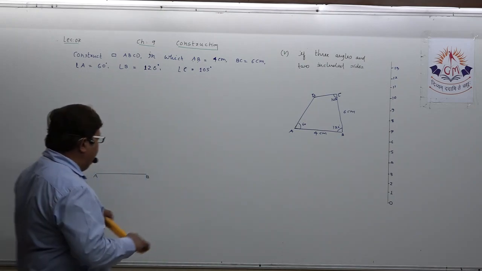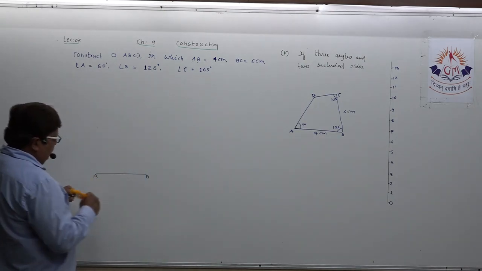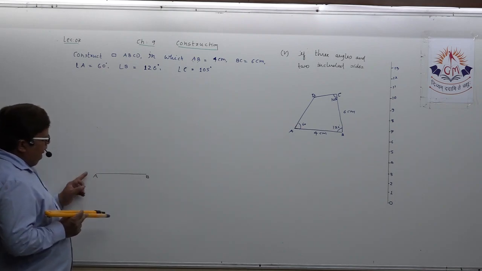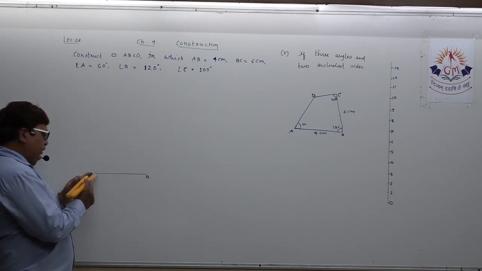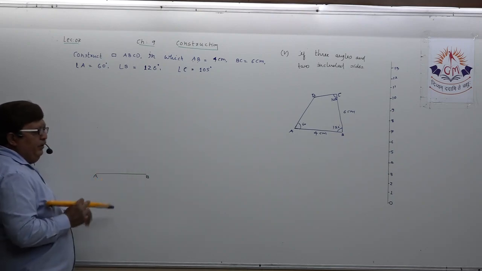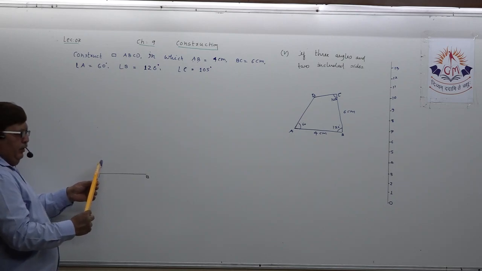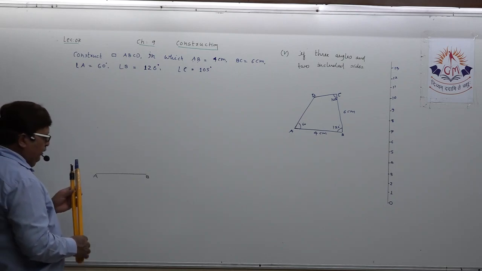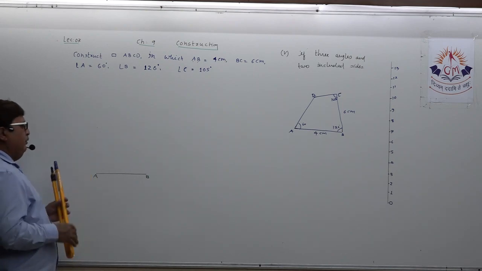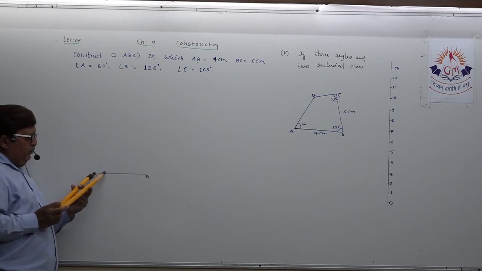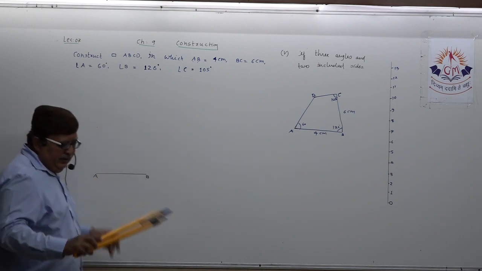So now dear student, remember one thing very clearly: if we want to generate an angle of 60 degree here and 120 degree here, you have to target it in this way. You understood this, how to construct the angle of 60 degree. Now concentrate dear student. Whenever an angle has to be constructed, what you are doing? You are taking some appropriate radius and making an arc.